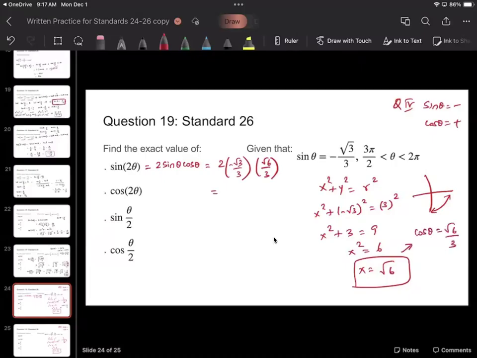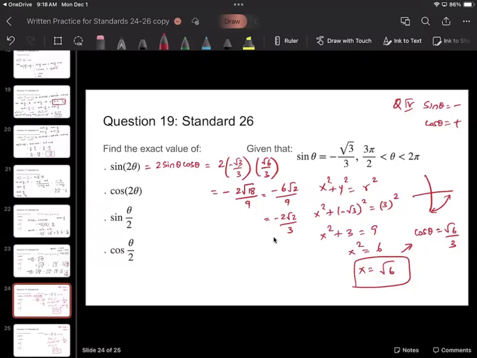And then you multiply them all. So you will get negative 2 root 18 over 9. If you want, you can simplify this. Root 18 is nothing but 9 times 2, correct? So this will become negative 6 root 2 over 9, which can be simplified as negative 2 root 2 over 3 if you want. You can do all of that simplification.